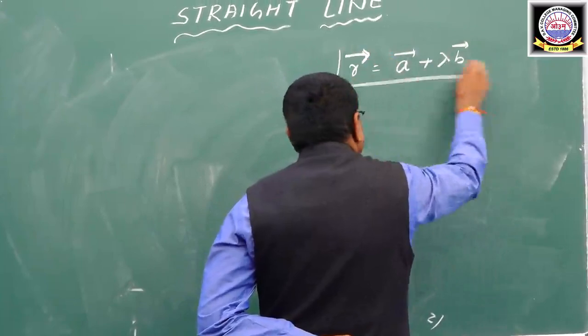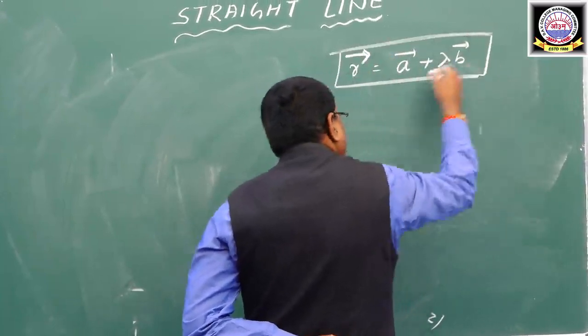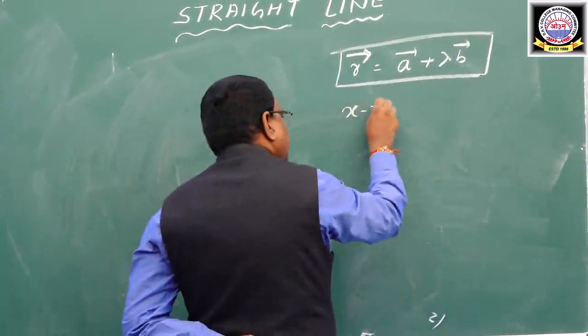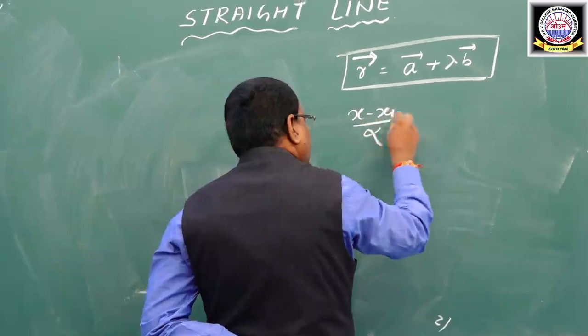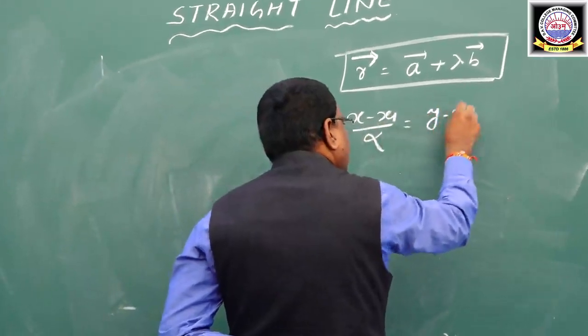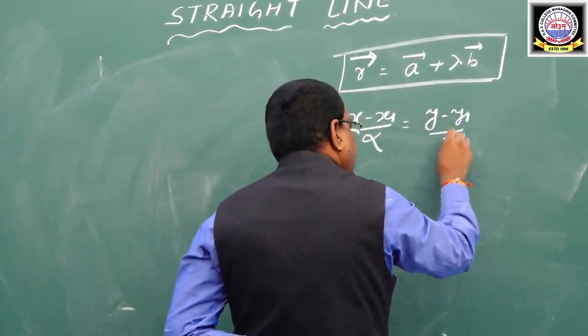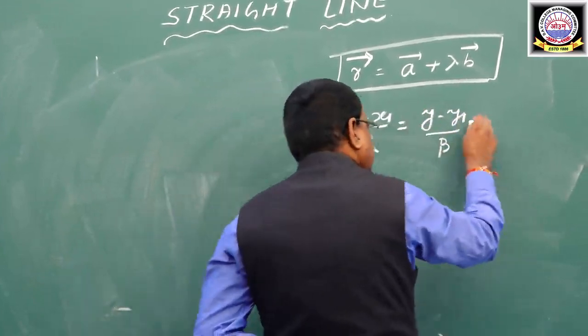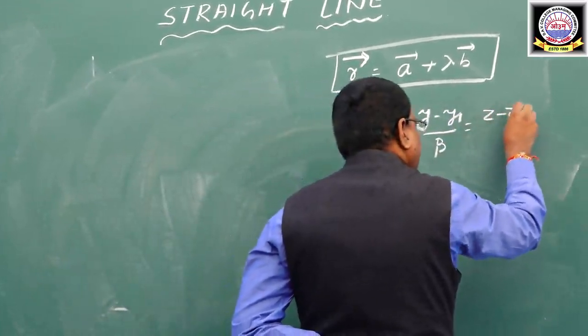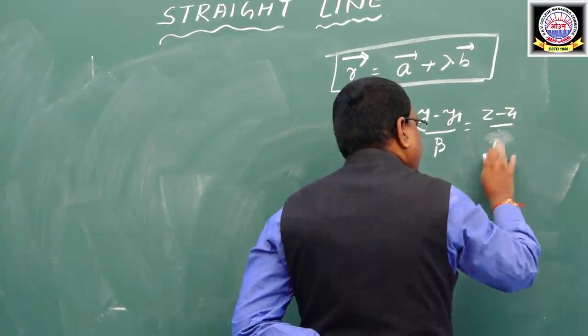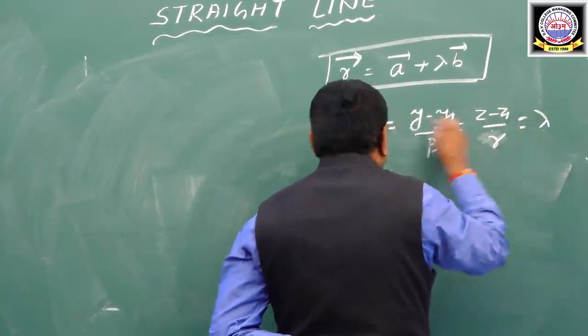The Cartesian form is x minus x1 by alpha, y minus y1 by beta, z minus z1 by gamma, equal to lambda.